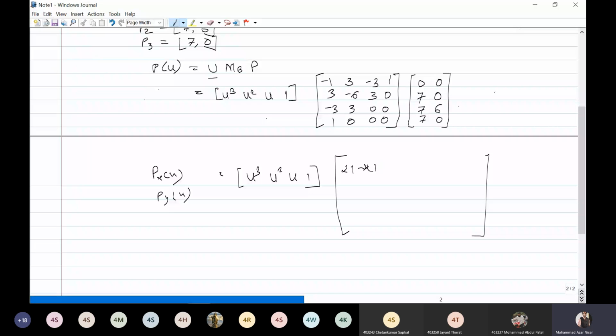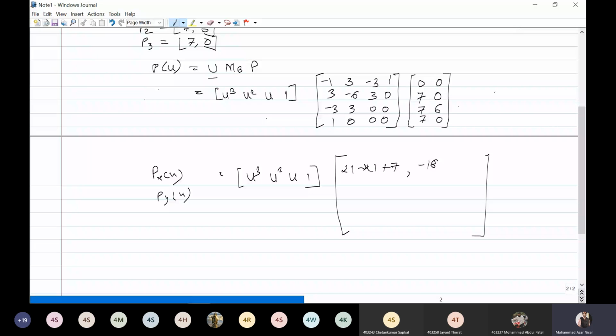So the sum is 7 in the first column. For the second column of this row: -1 into 0, 0, 3 into 0, 0, -3 into 6, -18, then 1 into 0. Then second row, first column: 3 into 0, 0.